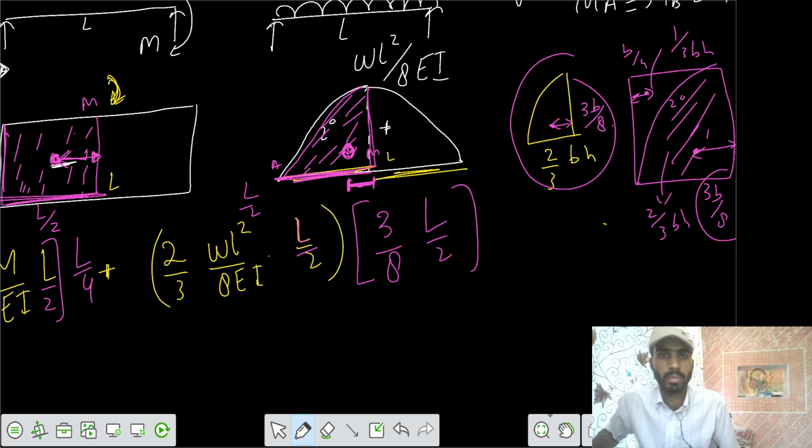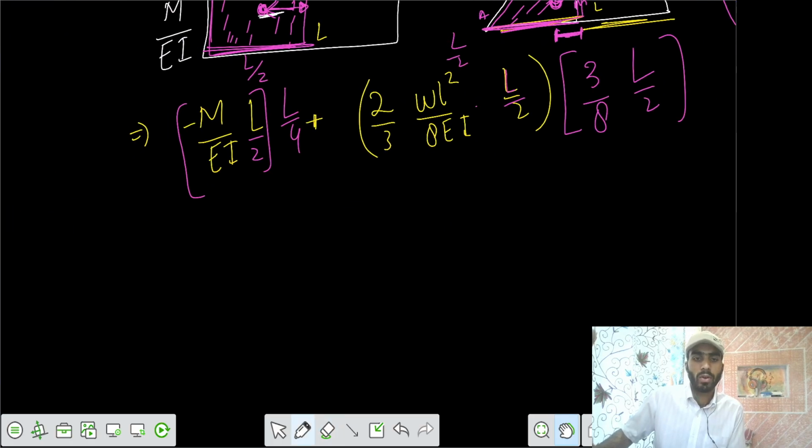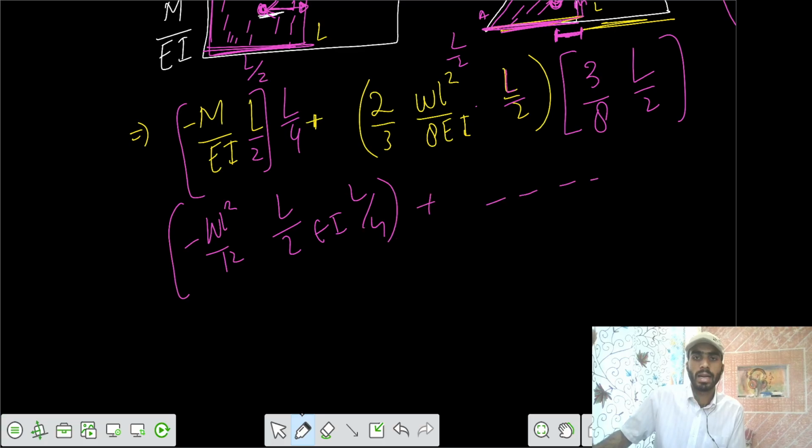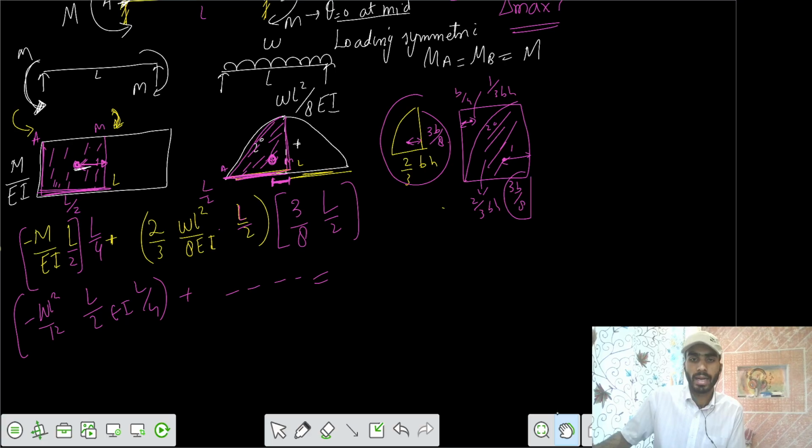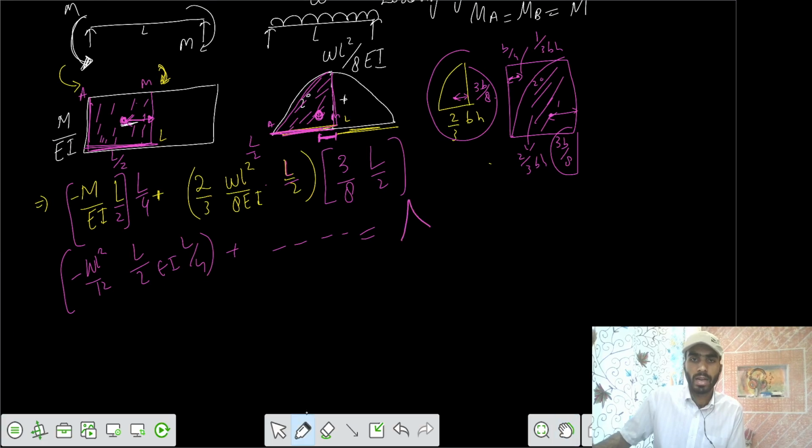Your B equals L by 2. So you substitute the value of M, where M equals WL square by 12. The rest you calculate: L by 2 EI, L by 4, plus the other term, and that equals the delta at mid with respect to the tangent you draw from A. That is also equal to delta at mid, because delta at A equals 0.